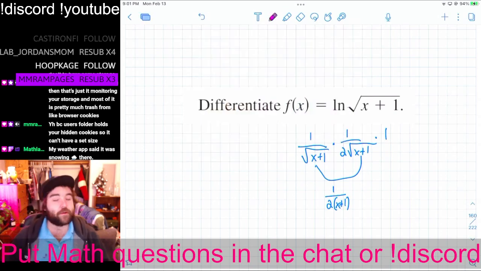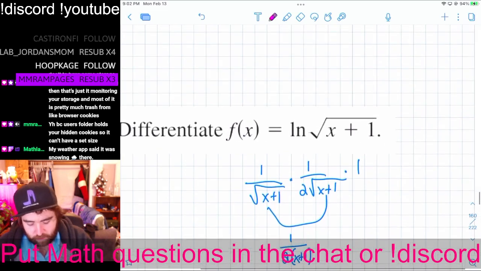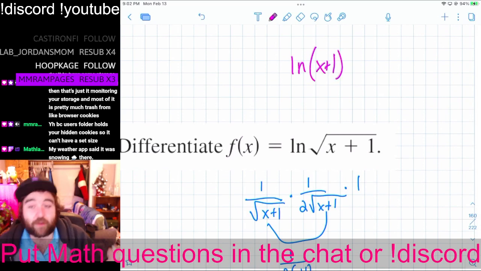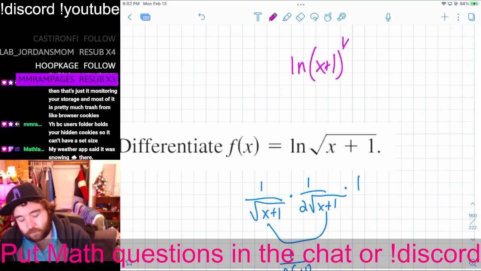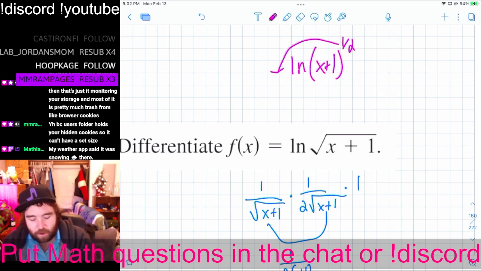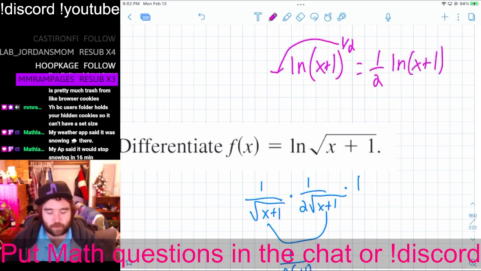So one other technique we could do, there's nothing wrong with what we did, it just might have been a little tedious. So another thing we could have done is we could have used some properties of exponents. So ln of x plus 1 to the 1/2 is what we have, right? Because that's the square root. And then we can bring that 1/2 out to the front. So our function really here is 1/2 times the ln of x plus 1.